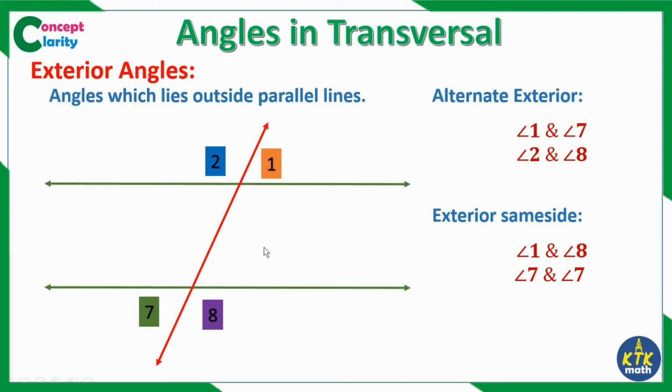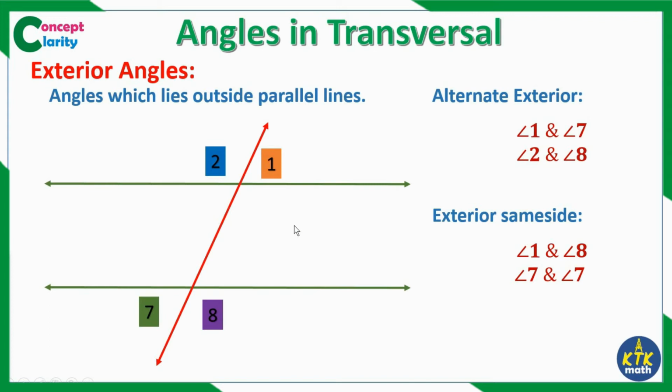So these two pairs of angles are called alternate exterior angles. 1 and 7 are called alternate exterior. In the same way, 2 and 8 are called alternate exterior. And exterior same side, you just check 1 and 8. 1 and 8 are exterior but lie on the same side of the transversal. In the same way, 2 and 7 are exterior same side angles.